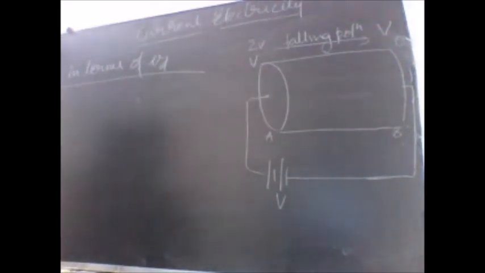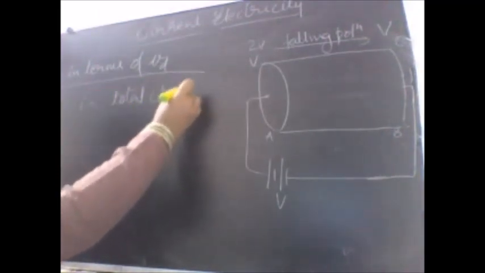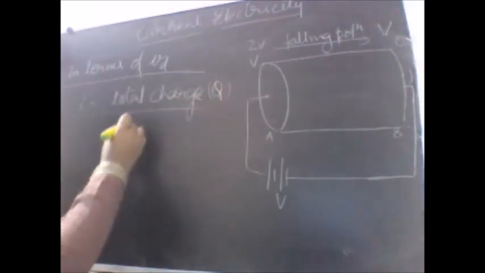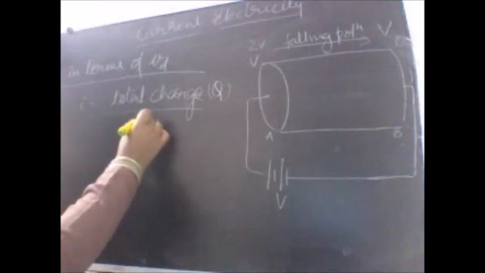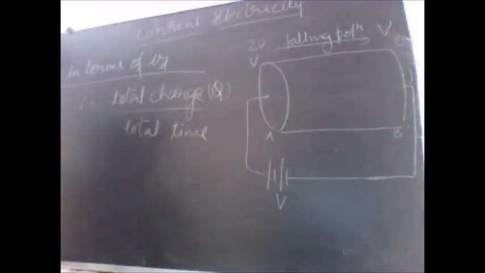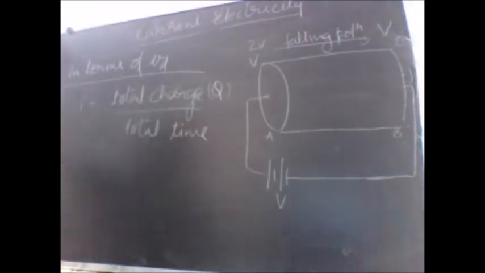Okay, some few terms that we need to understand before we actually start with the derivation. Since current is total charge Q divided by total time, let us obtain an expression for the total charge here.